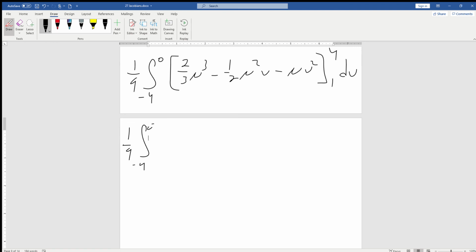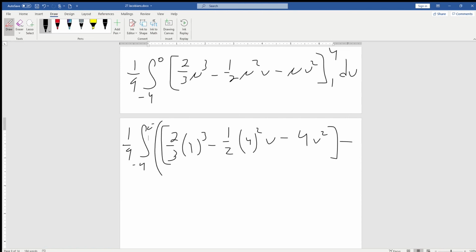Now we're going to go ahead and substitute 4. So this is going to be 2/3 times 4 to the 3rd, minus 1/2 times 4 squared v, minus 4v squared. And then we're going to subtract. Now we're going to sub 1 in.